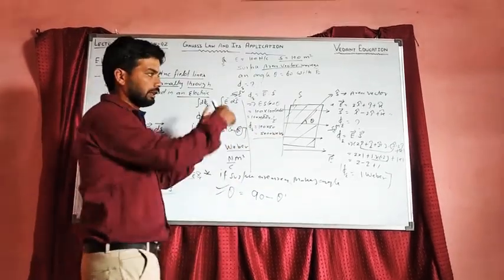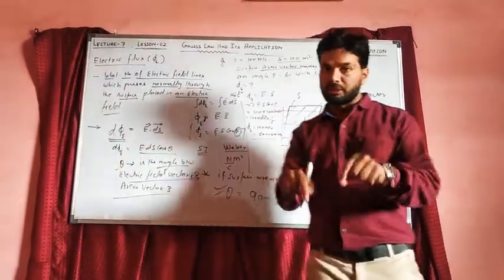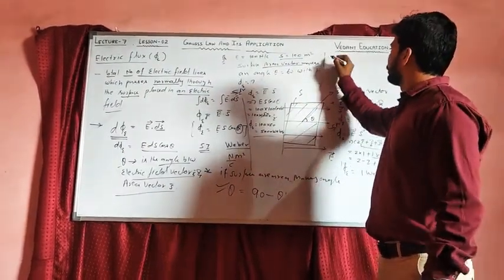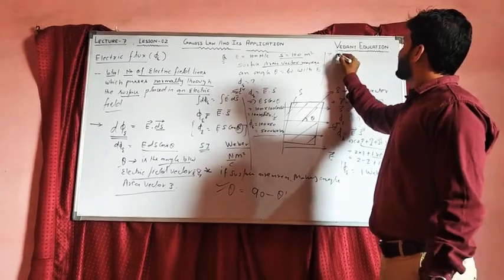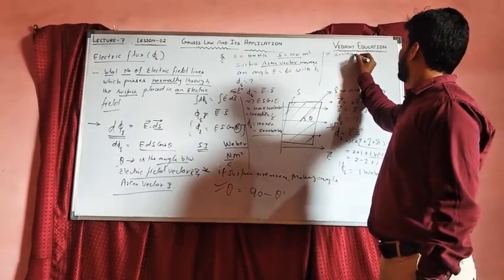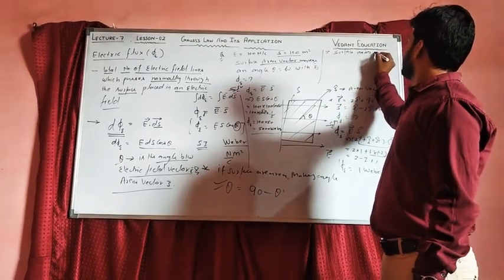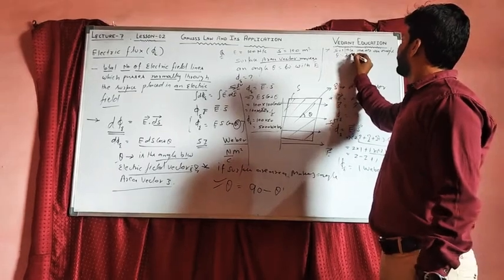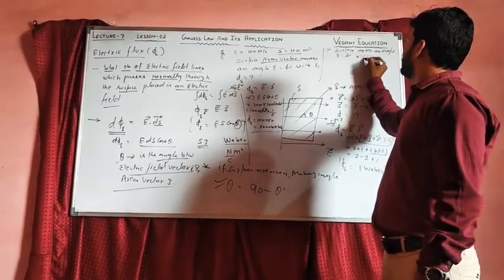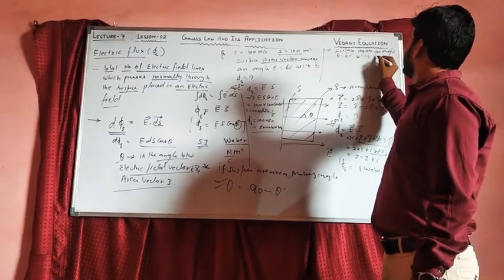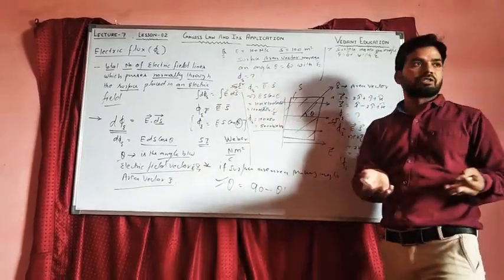Clear? In the same question, if it is not given like that, and the question says only that the surface makes an angle theta equal to 30 degree or 60 degree with the electric field vector, now the answer will be changed.